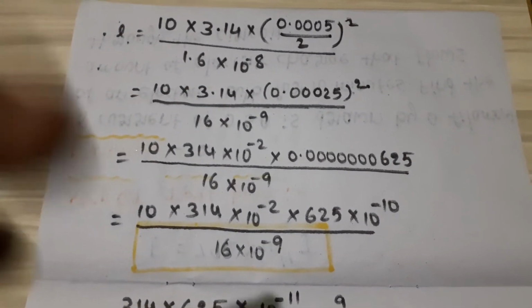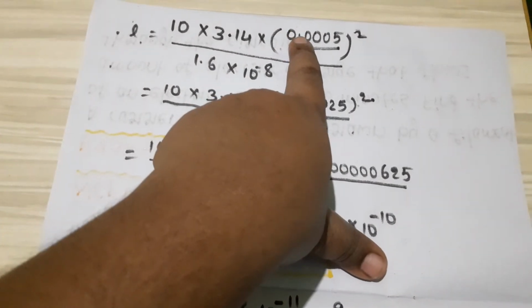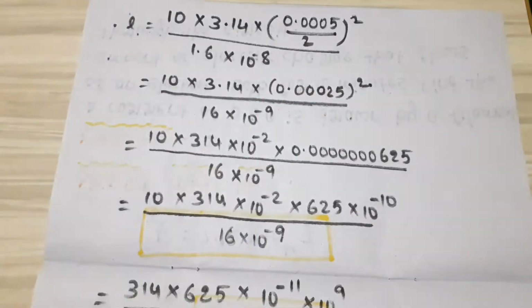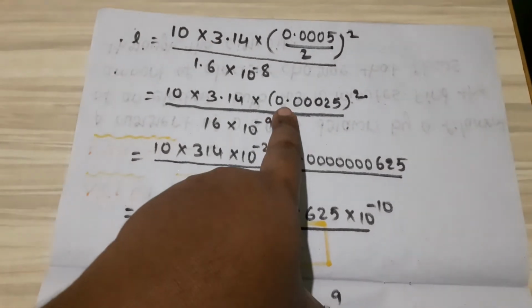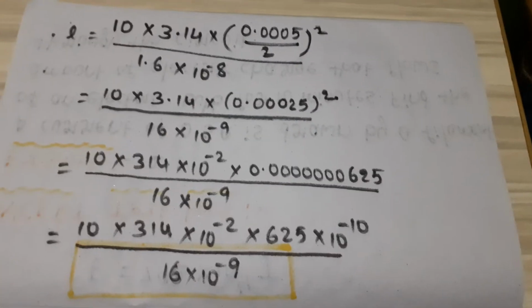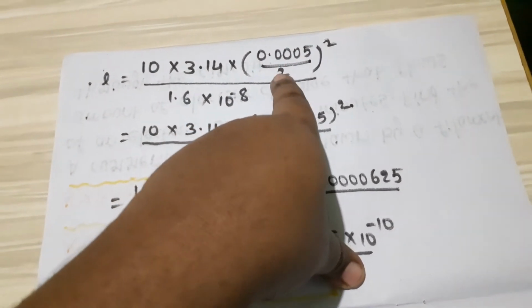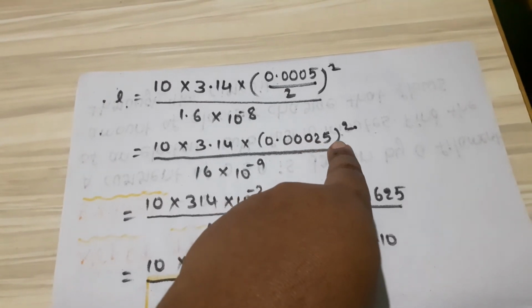So first of all, I am calculating 0.0005 by 2. Its value is 0.00025.